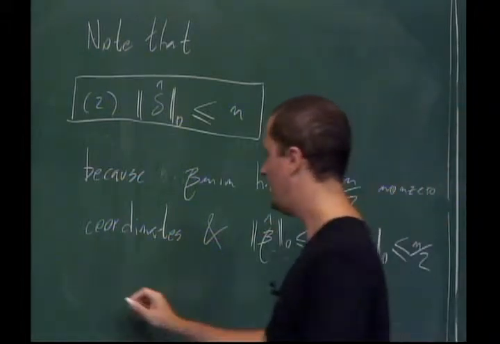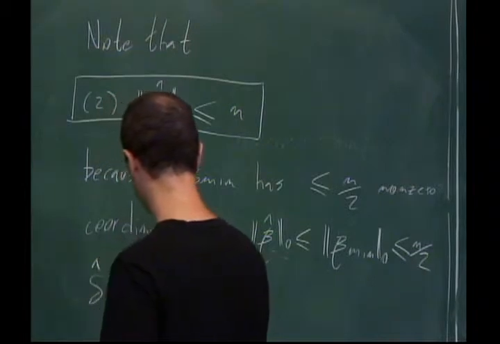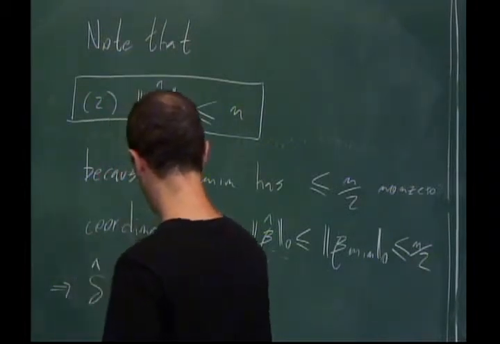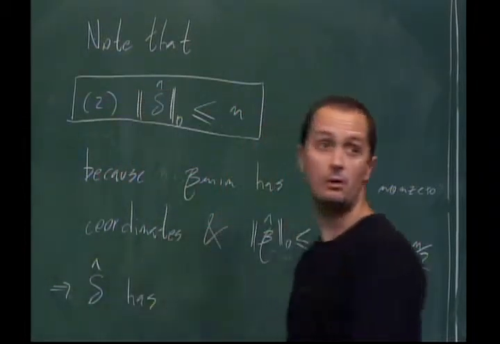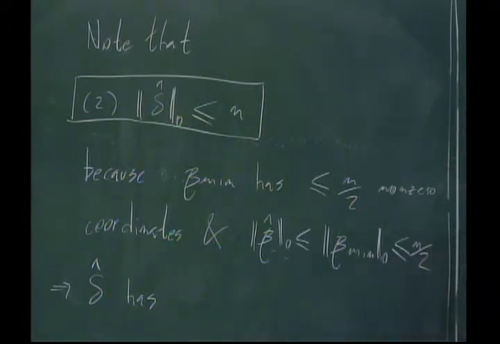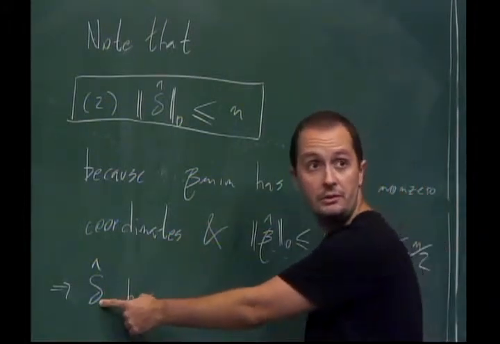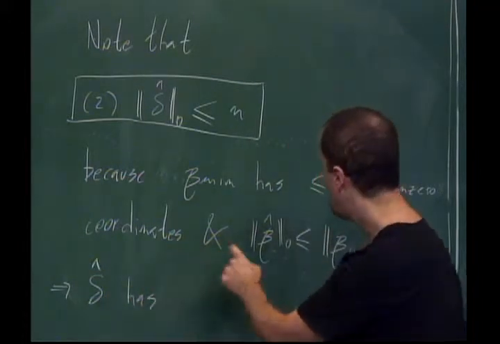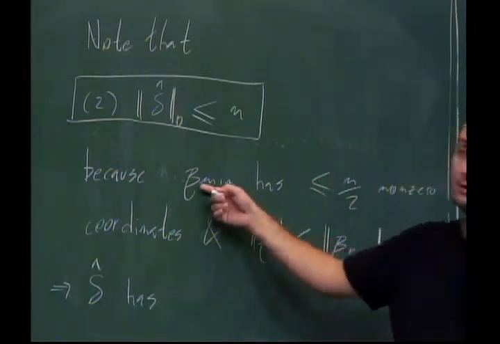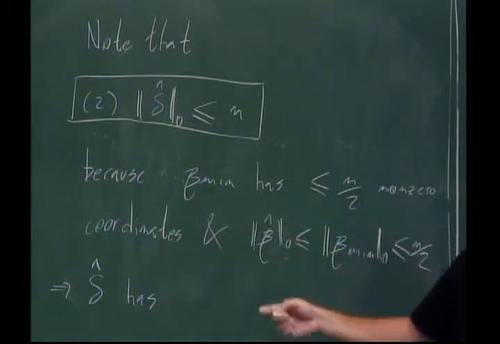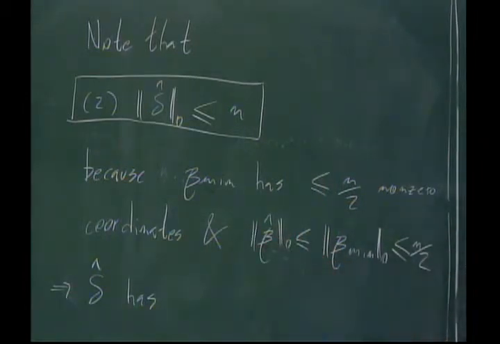And now, what's the number of non-zero coordinates of delta hat? Well, if you have a coordinate of delta hat that's non-zero, it must be the case that the corresponding coordinate of beta min is non-zero, or the corresponding coordinate of beta hat is non-zero.